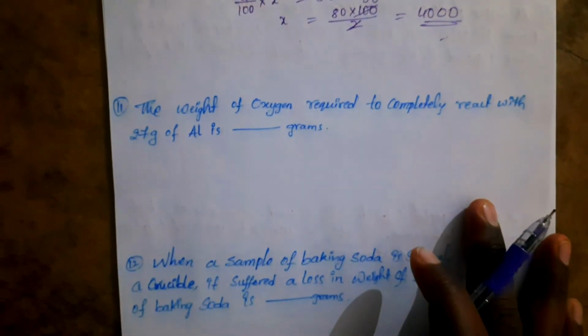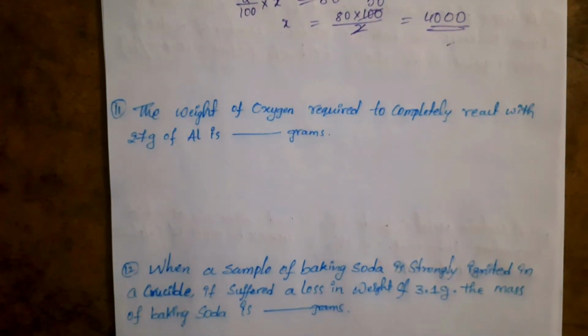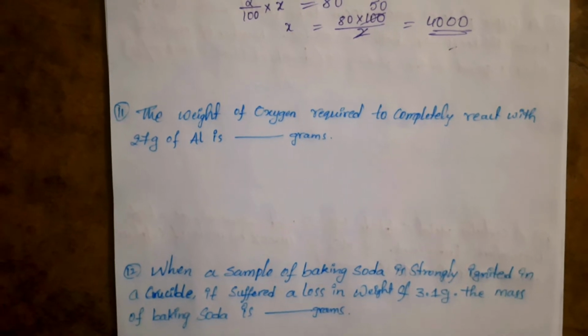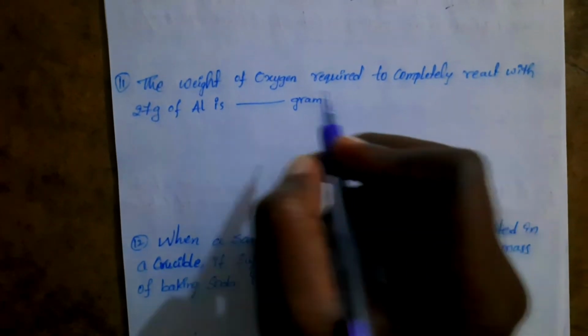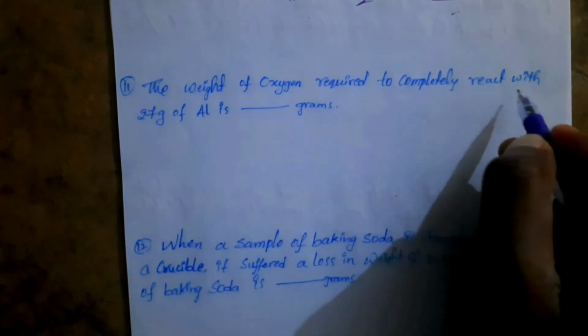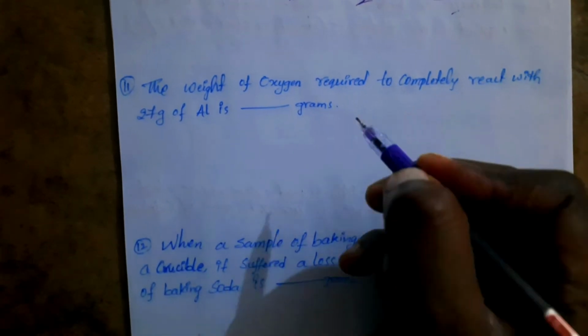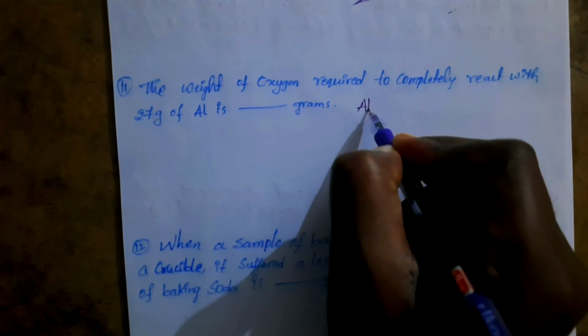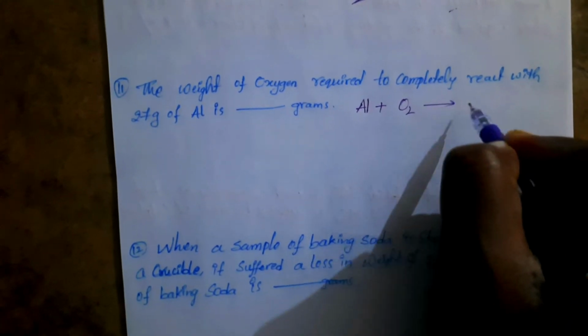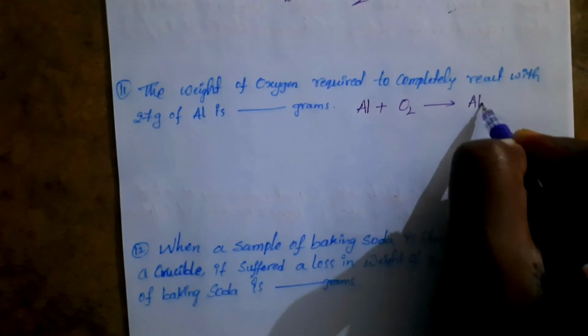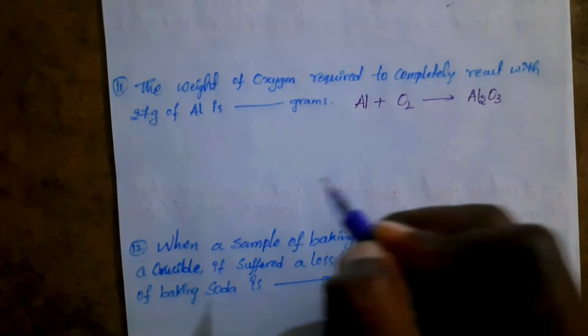Next one. The weight of oxygen required to completely react with 27 grams of aluminum, in grams. First you write the reaction between aluminum and oxygen. Whenever these two react, we are going to get Al2O3, aluminum oxide.